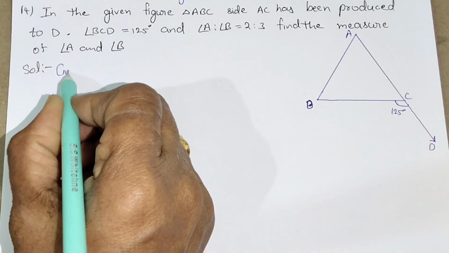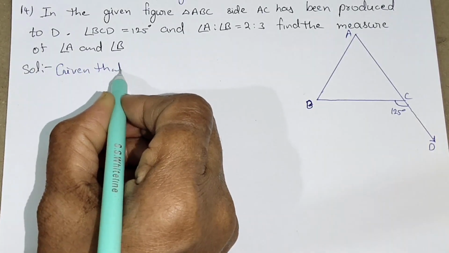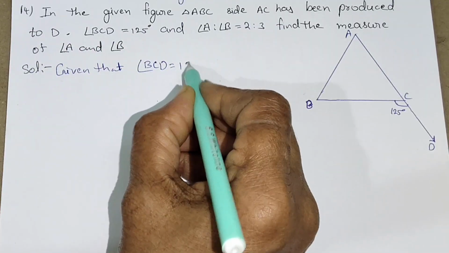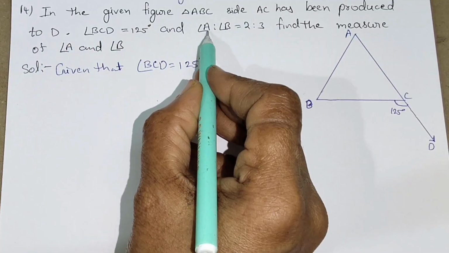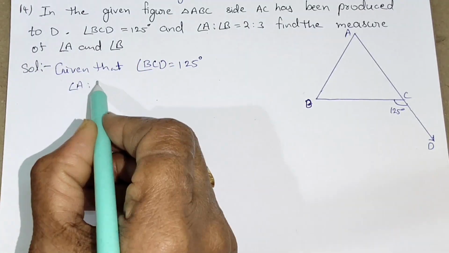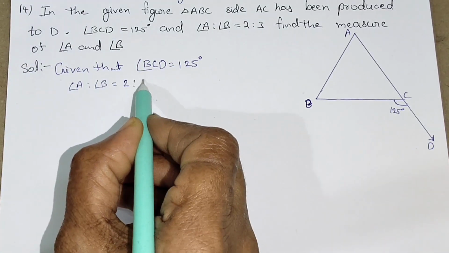Given that angle BCD equals 125 degrees. The ratio of the interior angles, angle A to angle B, equals 2 to 3.